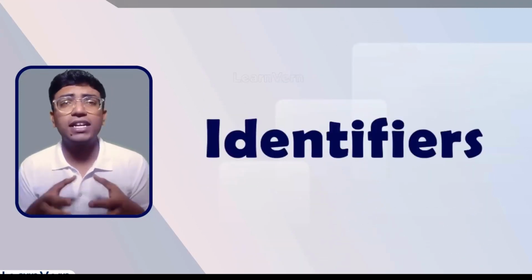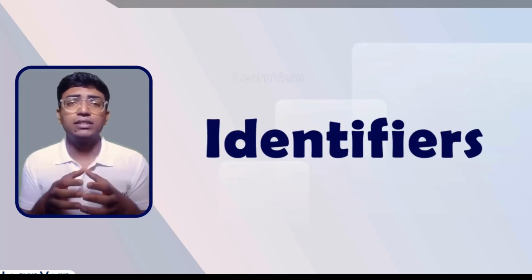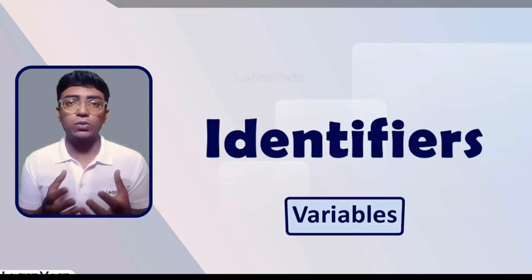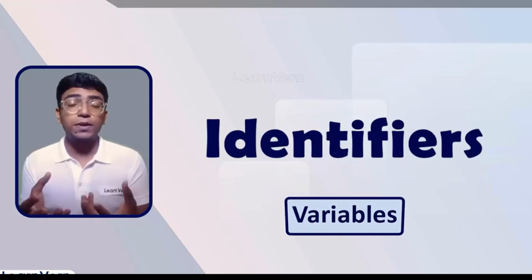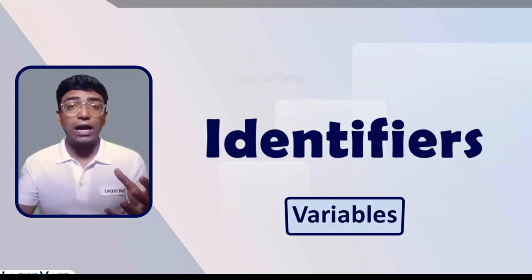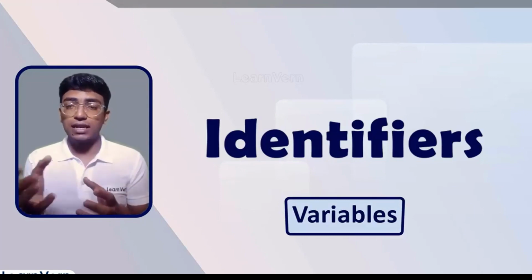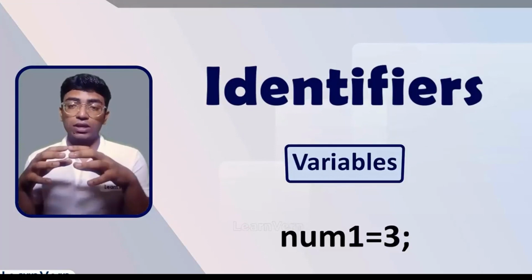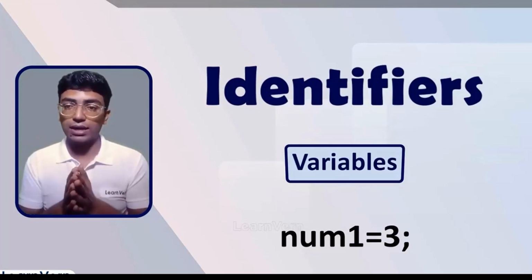We had discussed in our last video a term called variables. We had discussed why these variables are called variables. Because of the values that we store inside, like here in the example it is given num1 is equal to 3. So the way to write it is by using is equal to.